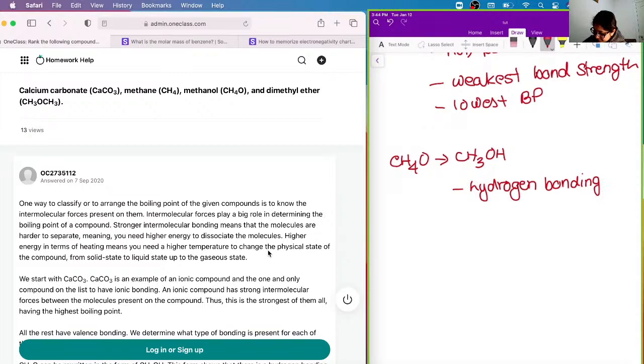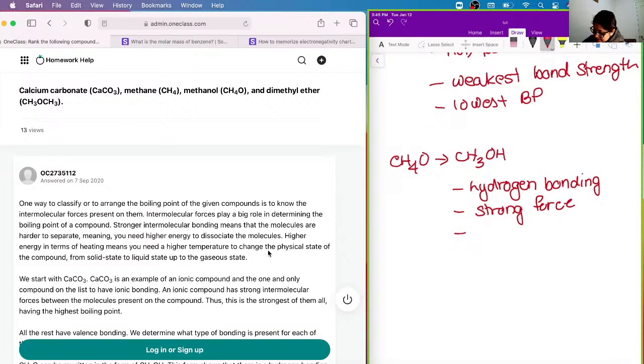So we know that hydrogen bonding is a strong force, which means that this compound possesses a very strong force, so this would basically be one of the strongest.